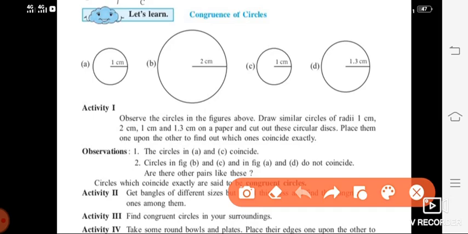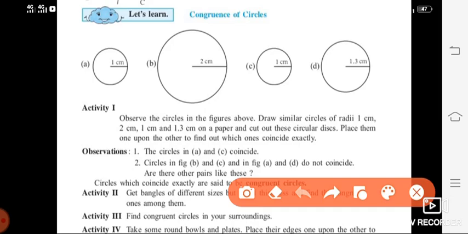First you will take the 1 centimeter circle and keep it on the first circle. Will it overlap? Yes, it will overlap. Now keep it on the second circle. Will it become small? Yes. Now keep it on the third circle, that is C. Is it again equal? Yes.